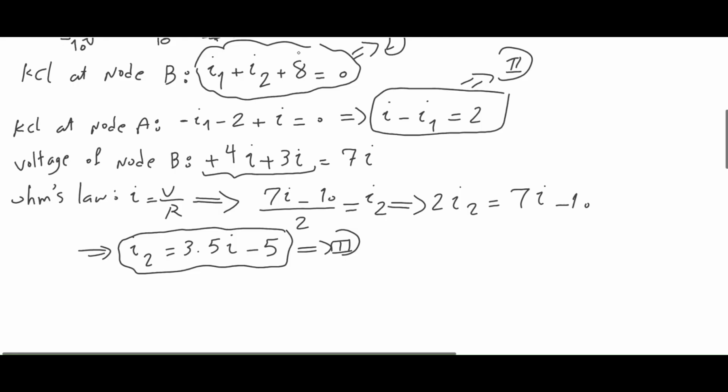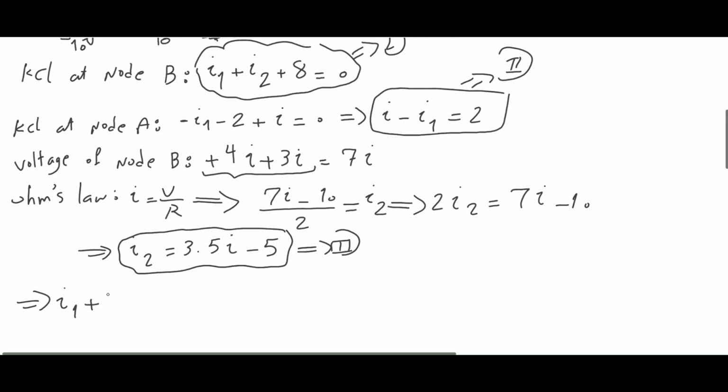Now, look at equation number 1. I have I1 plus I2 plus 8 equals 0. And I have I minus I1 equals 2. And there's another relationship between I2 and I. So let's substitute this one into equation 1. So we have I1 plus I2.